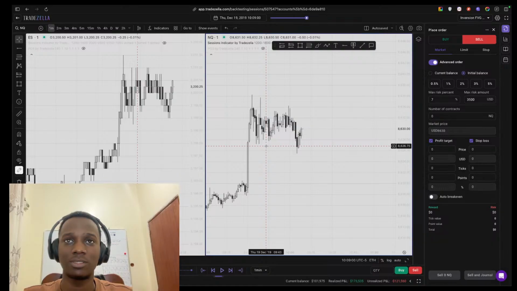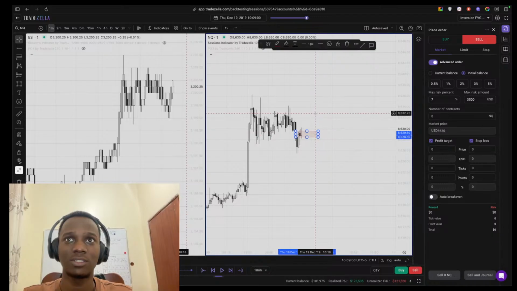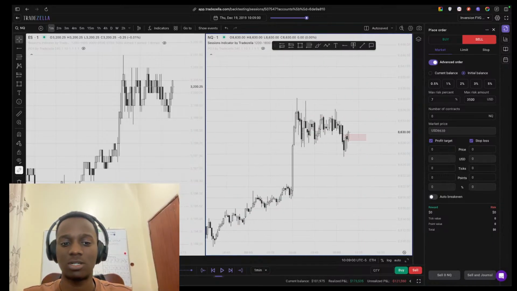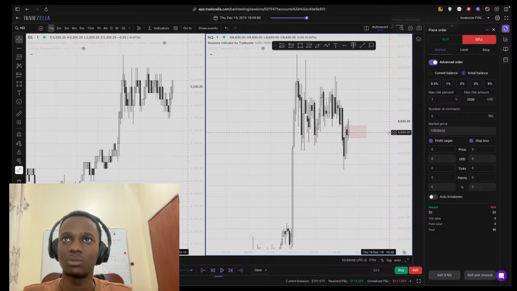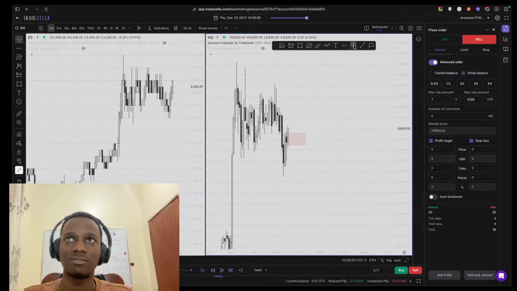Okay, there's the liquidity run right here, and there is the inversion right here. So this is where I will be taking my longs, looking for price to head to these highs here. You can see you have trend line liquidity.